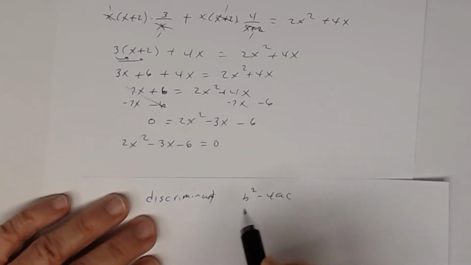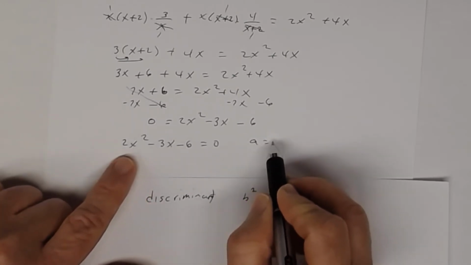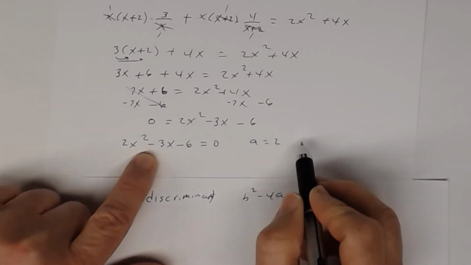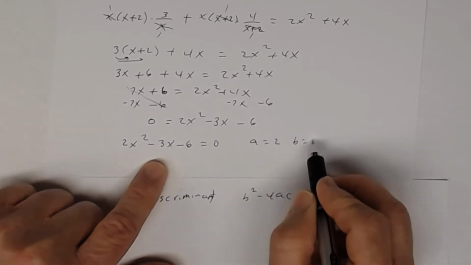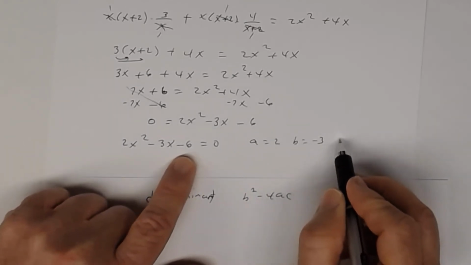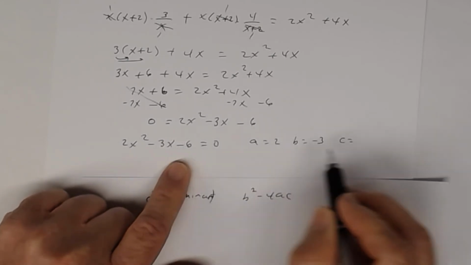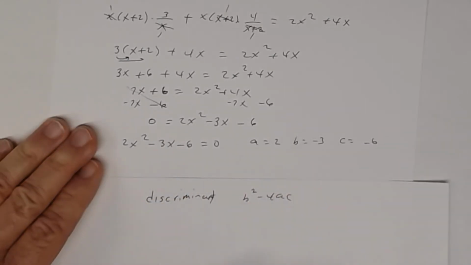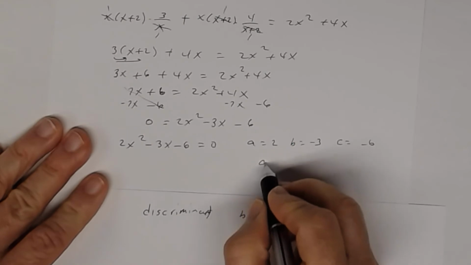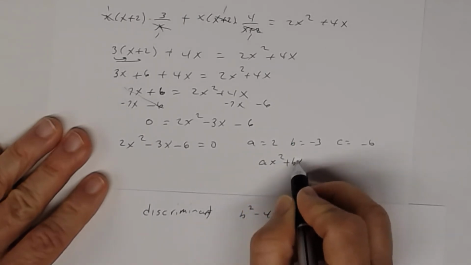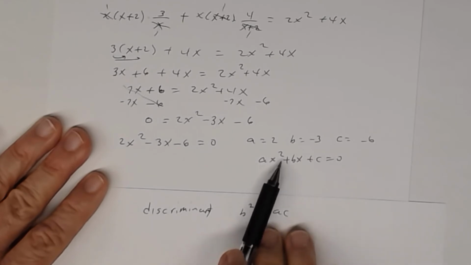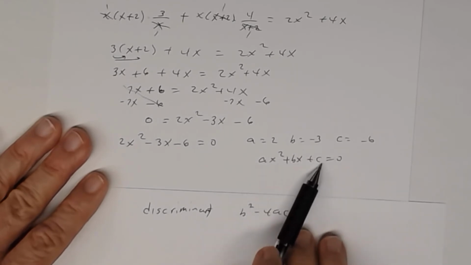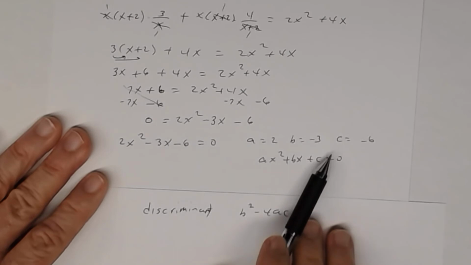So if you look at the discriminant, in this case, a is 2, remember a is the coefficient of x squared, b is the coefficient of x, which is negative 3, and c is your constant, which is negative 6. So remember your quadratic equation, ax squared plus bx plus c equals 0. All right, so the coefficient of x squared is a, the coefficient of x is b, and your constant is c.